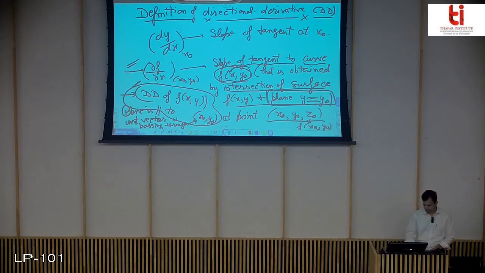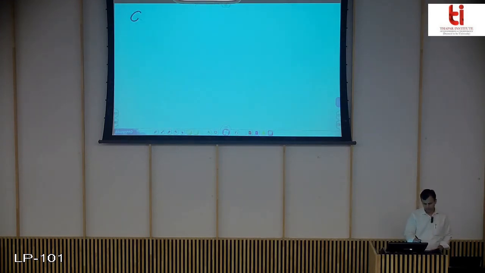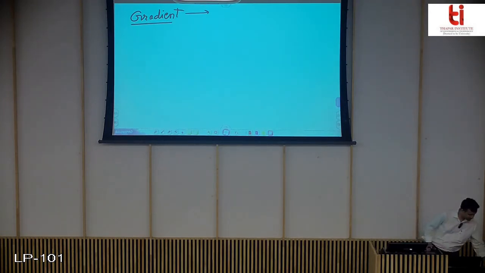Now, before going for the formula for finding the directional derivative, we are looking at the components used in that formula. First is the gradient. You know very well what the gradient is.